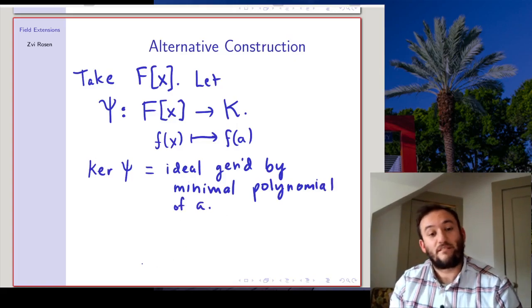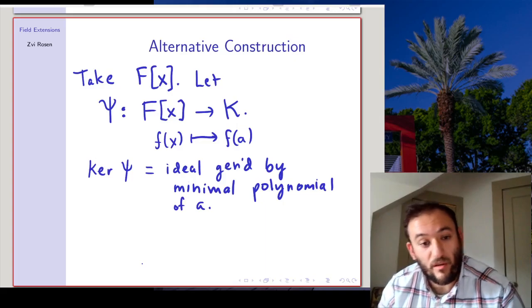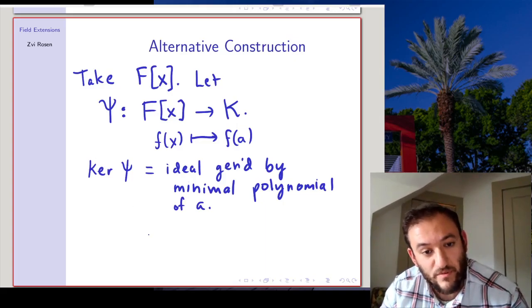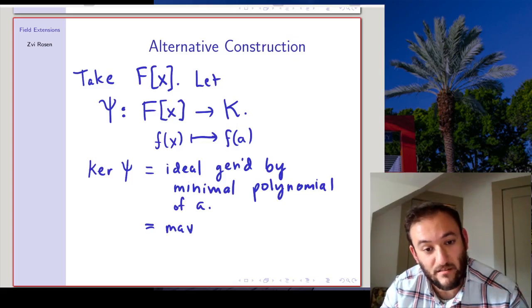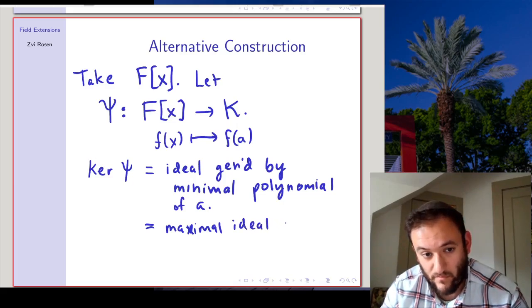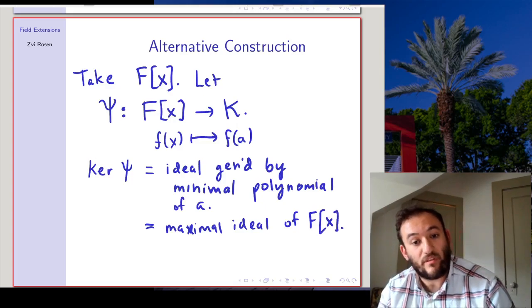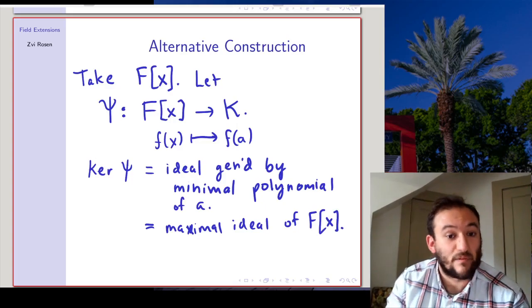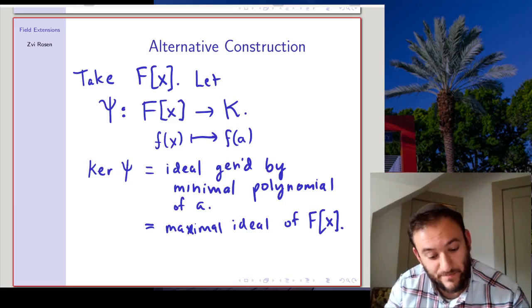We know that the minimal polynomial of a is irreducible, so this is a maximal ideal in the polynomial ring with one variable. And we know that when you take a ring and you quotient out by a maximal ideal, you get a field.